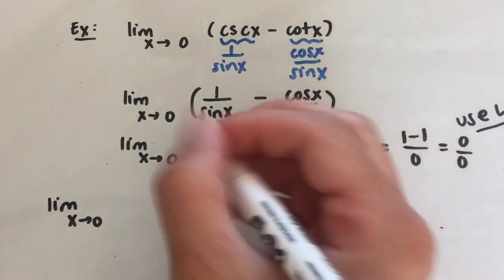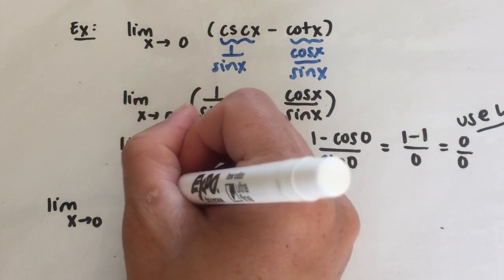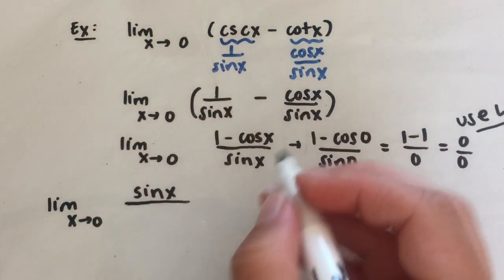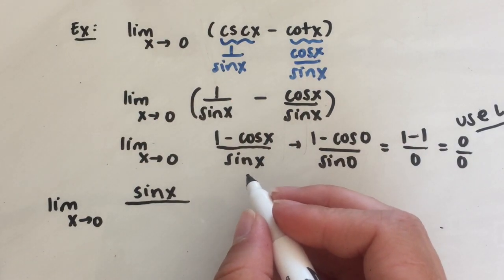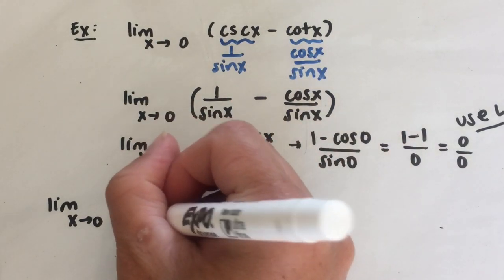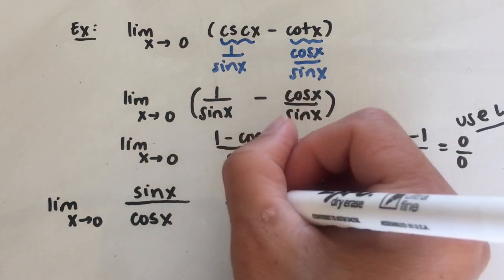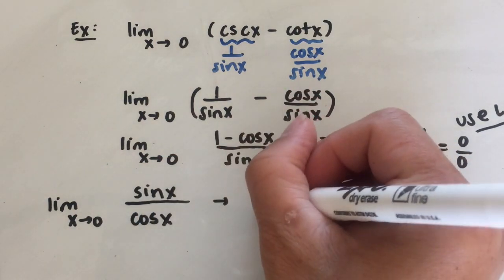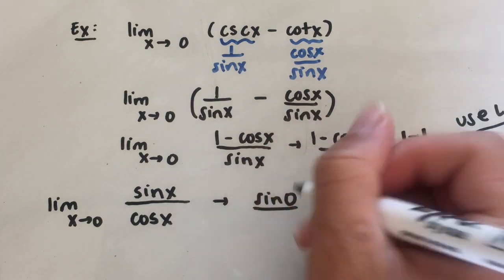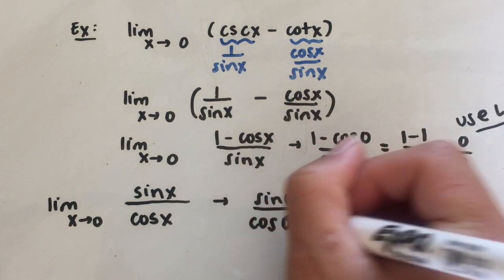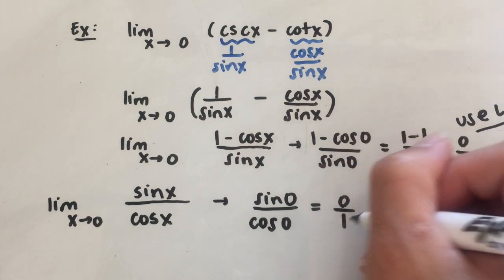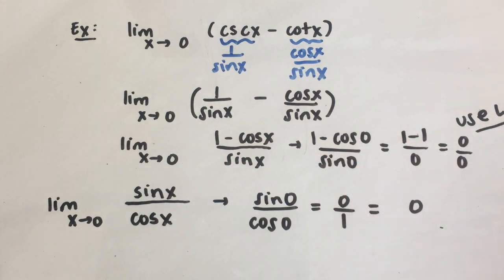So I'm going to take the derivative of the numerator and the denominator, respectively. So the numerator will be sine x, and the denominator will be cosine x. And we plug in 0, and we get 0 divided by 1, or 0.